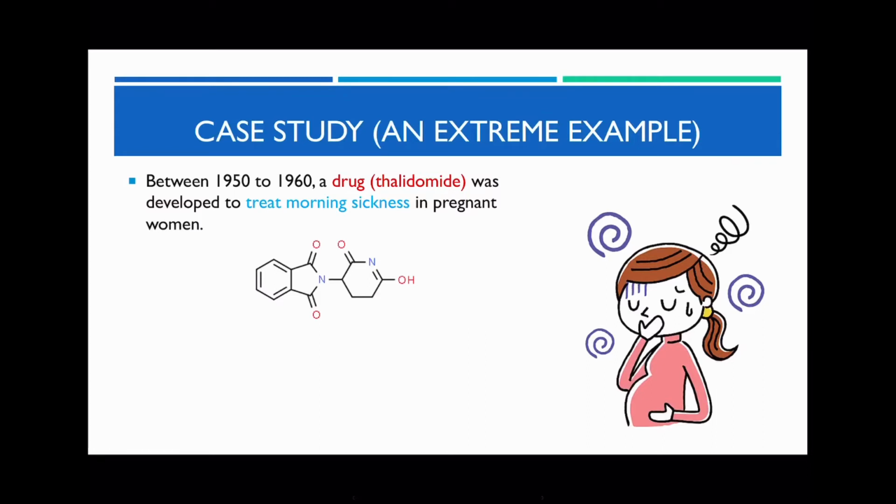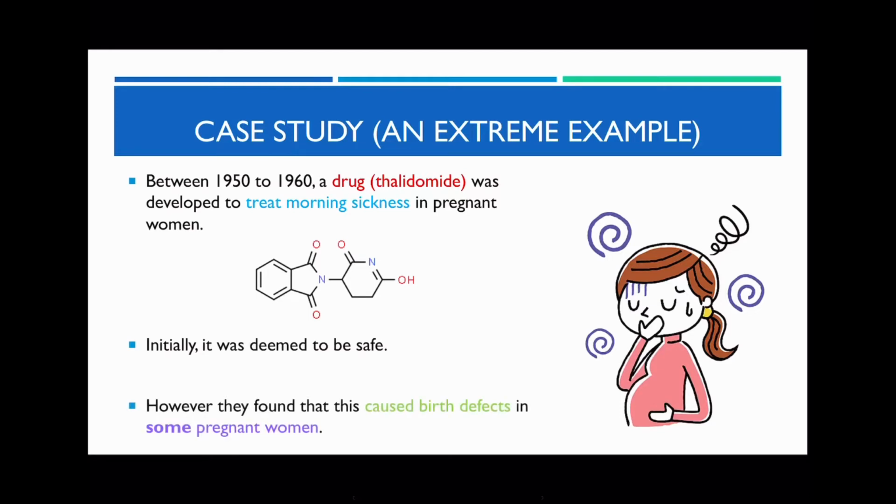This is the chemical structure of this particular drug. Doctors and pharmacists used to give out this medicine to women experiencing morning sickness, where they vomit in the morning generally. Initially it was deemed to be safe and effective, so it was curing what it was supposed to target.